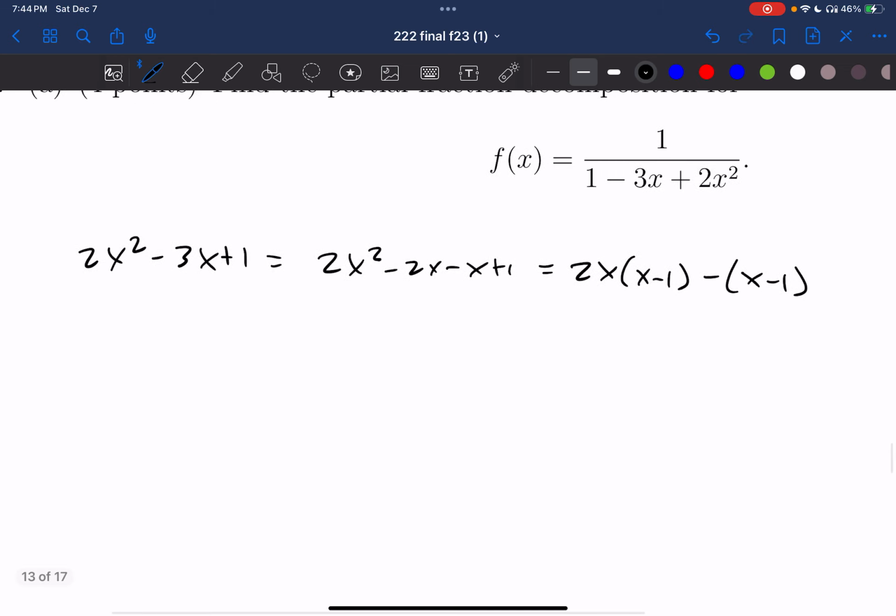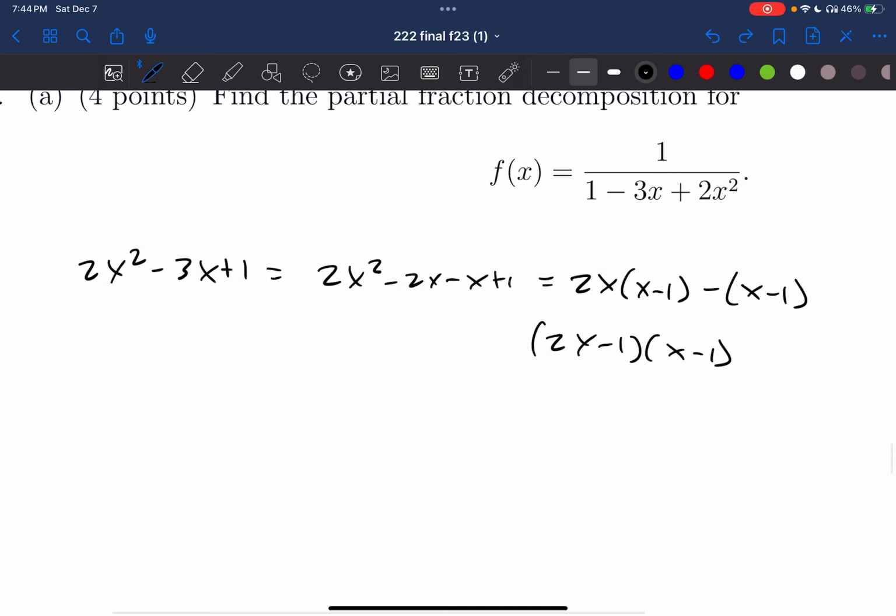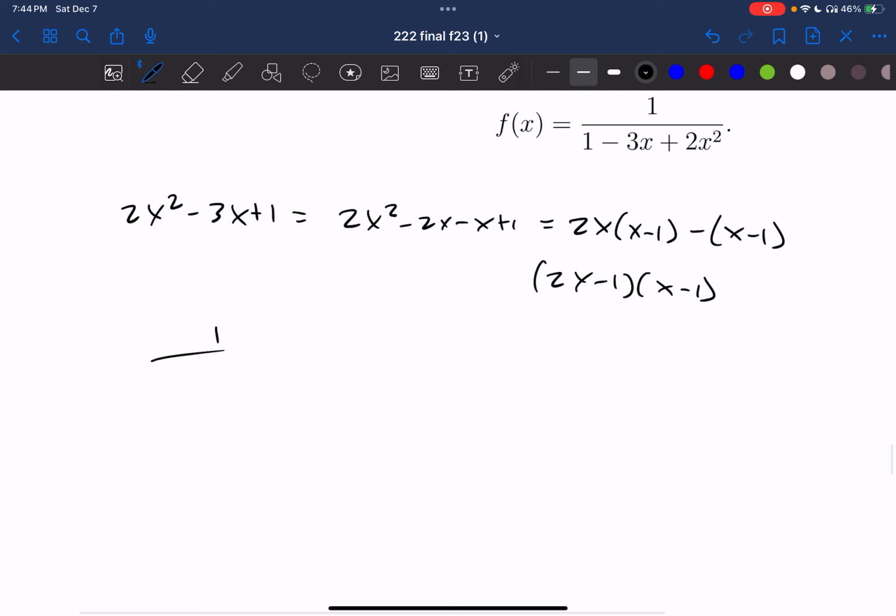Now that we have this, this will be equal to 2x minus 1 and x minus 1. If we multiply this together, we will get this. Hopefully, I think we should. Anyways, so 1 over 2x minus 1 times x minus 1.